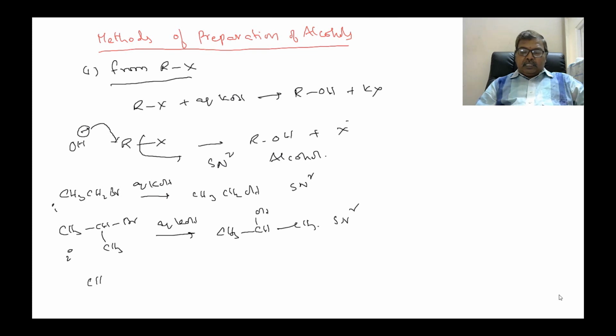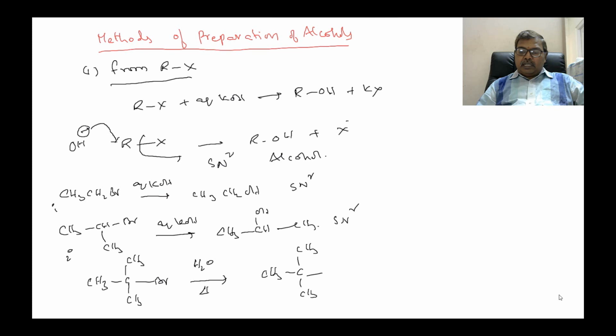If it is a tertiary alkyl halide, we should not use a strong base like sodium hydroxide or potassium hydroxide. Water is a weak base, it is enough, then you will get tertiary butyl alcohol.